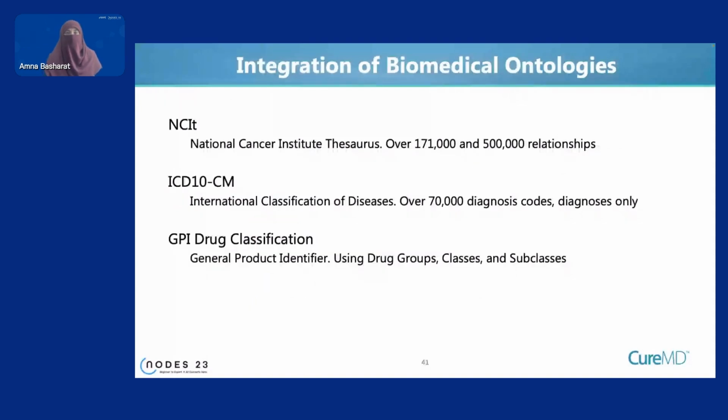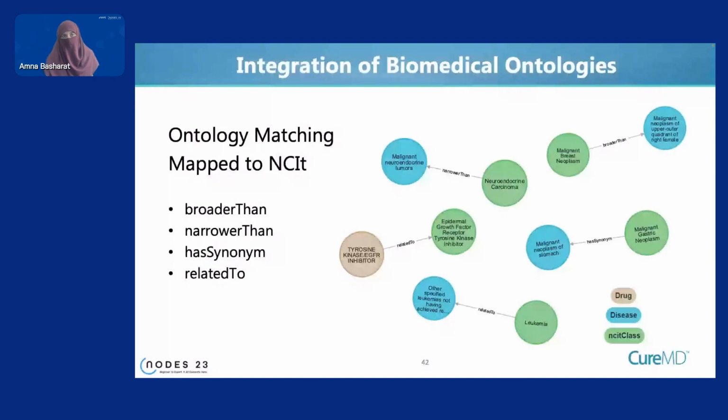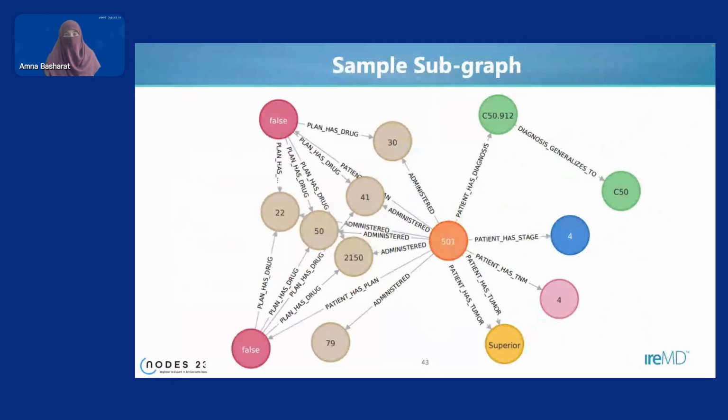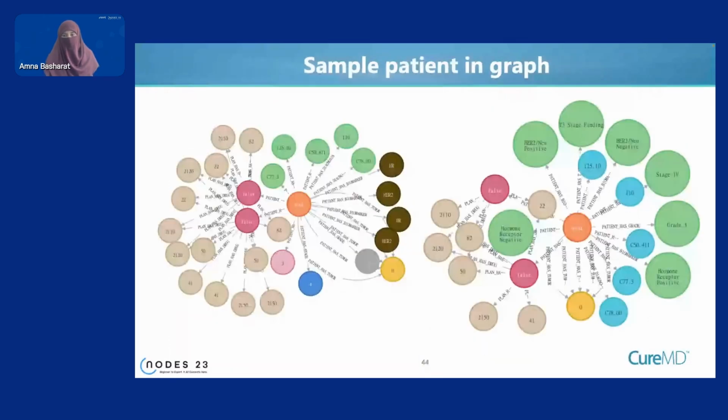So these were the 3 primary biomedical ontologies that we integrated: the NCIT, ICD-10, and GPI drug classification. And we had to apply some matching and mapping for the NCIT classes in terms of the synonyms and the relationships. These are some of the snapshots of the data that is available to us in the graph.